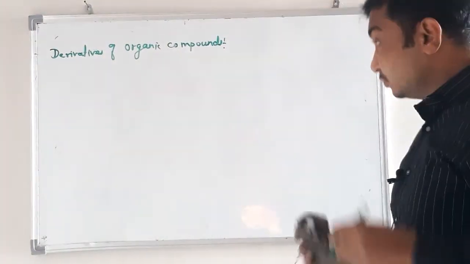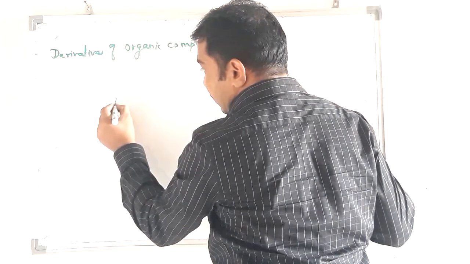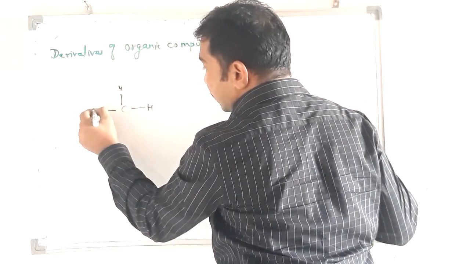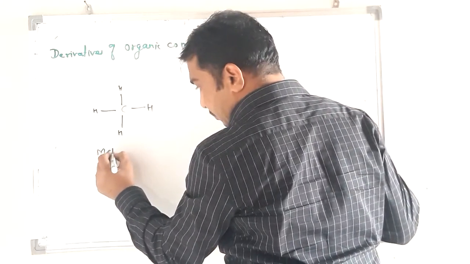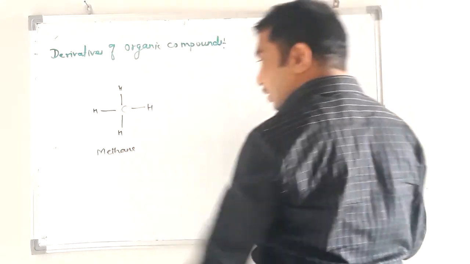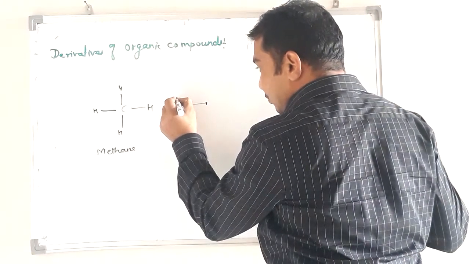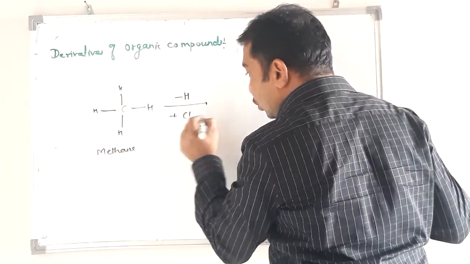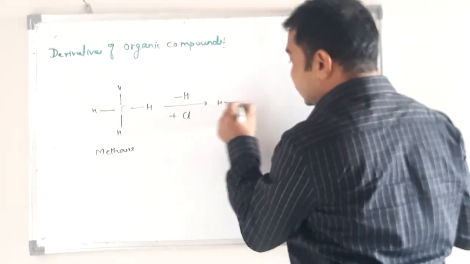Let us see. Suppose we consider methane. This is methane. We know methane is an alkane. Okay, and from this methane, if I replace one of the hydrogen atoms by a chlorine atom, Cl, then what do we get?